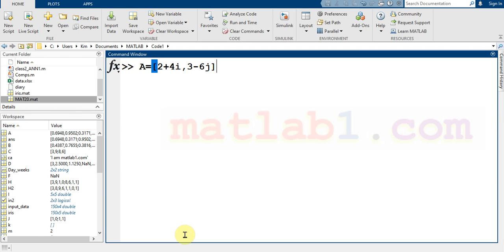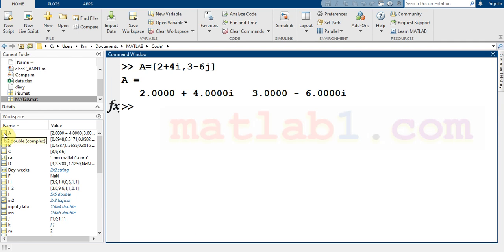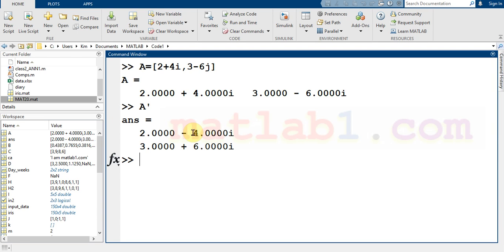and it's enough. Our new variable is a complex number. It's a double complex. If I write A transpose, you see that it calculates the conjugate transpose. I is converted to minus I, and the negative is converted to positive.